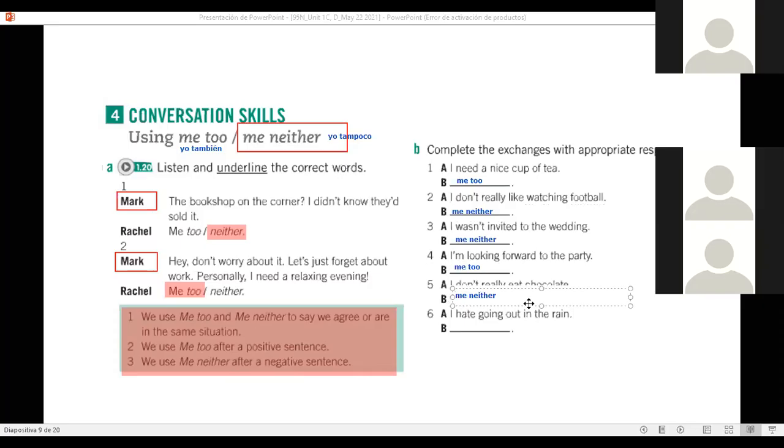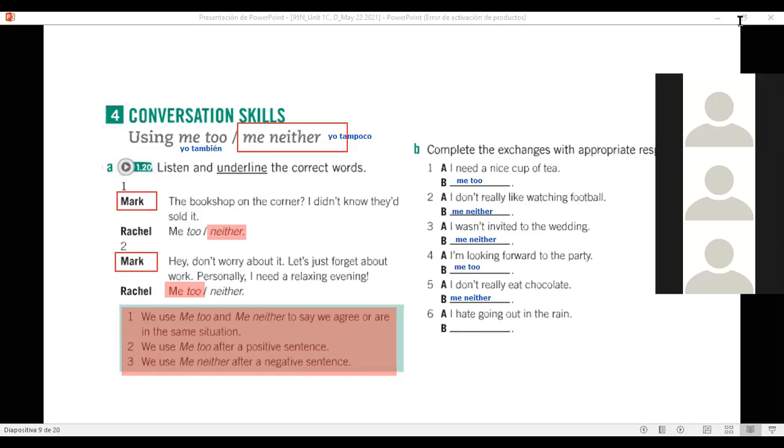And then we have, I hate going out in the rain. What would you choose in this one? Saulo, I hate going out in the rain. Me too. Perfect. Odio salir a la lluvia. Yo también odio salir a la lluvia.